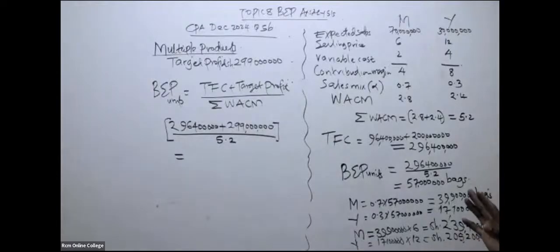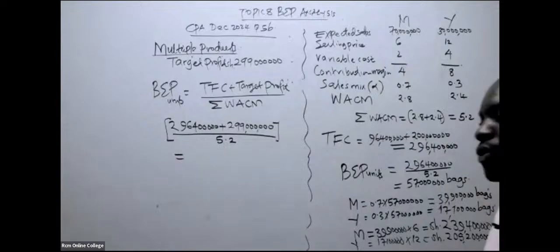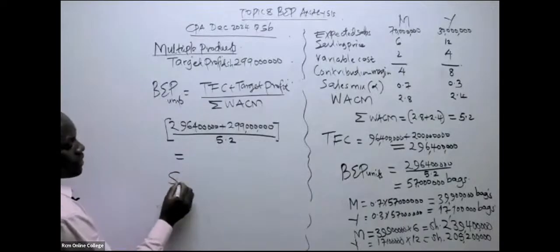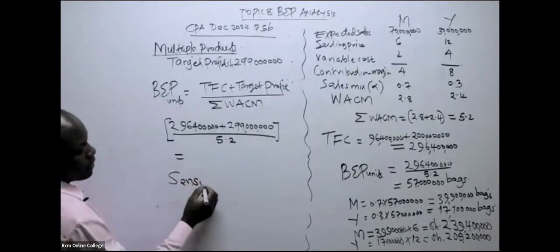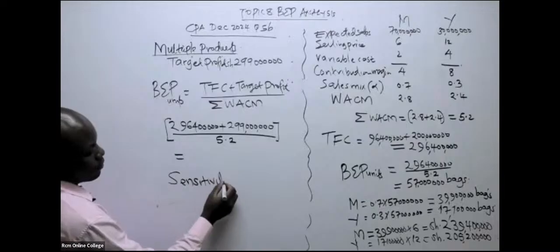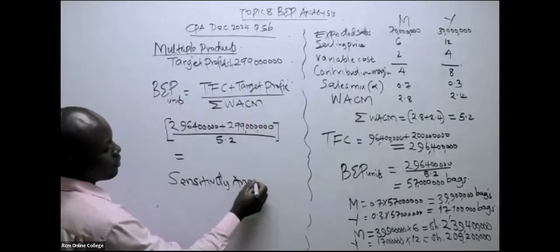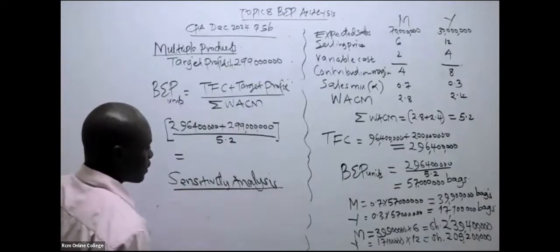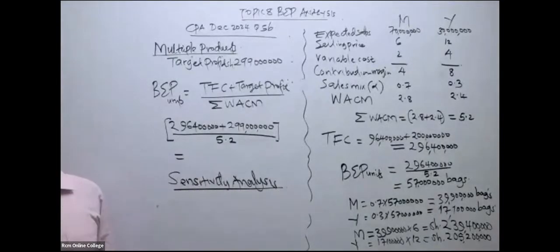Actually, what we have been doing here from the start under this December 2024 is what we call sensitivity analysis. Under sensitivity analysis, we change one item at a time.